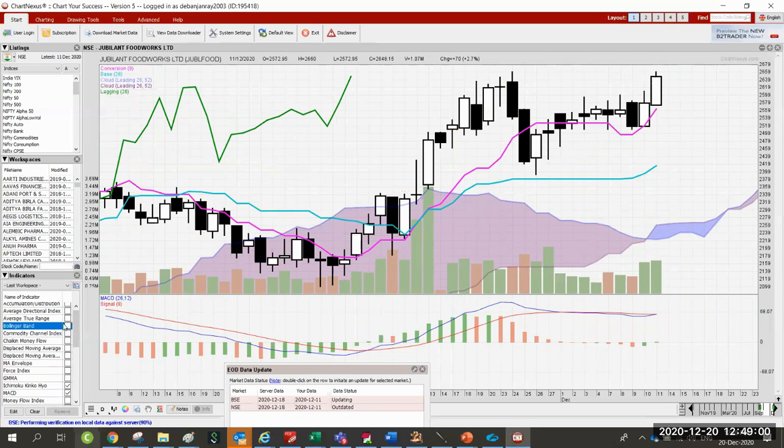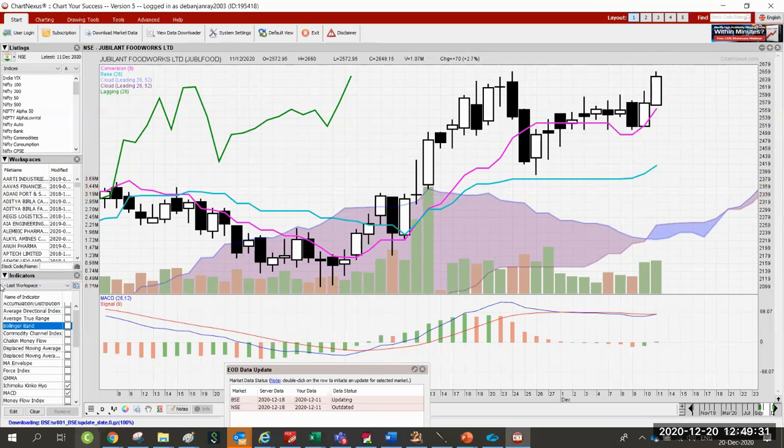If you do this, you will see that one signal is moving along with the price. It has a closer affinity with the price. Another is a little bit lethargic. So this pink line is almost equivalent to a 20-day moving average, whereas the blue line is equivalent to the 50-day moving average.